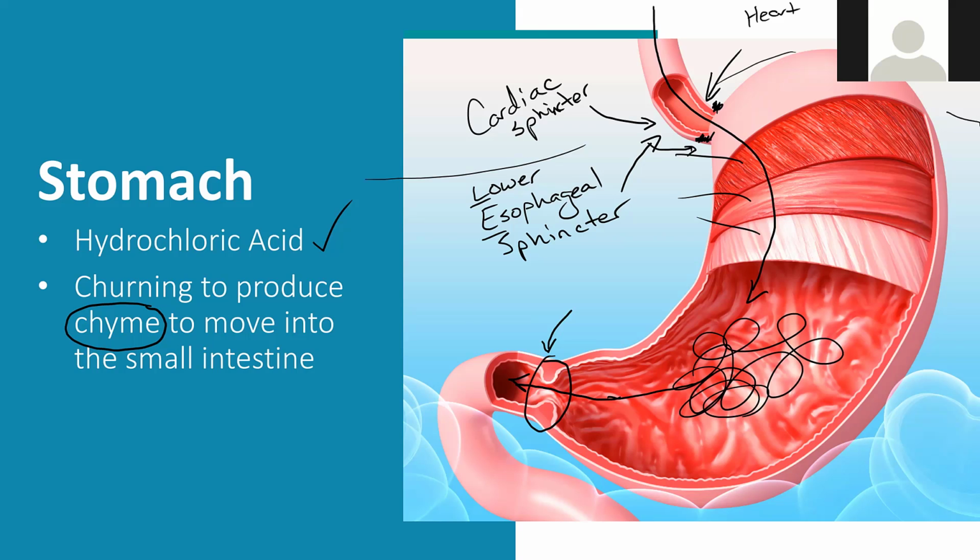And then we have another sphincter at the other end called the pyloric sphincter. Once that food stuff moves from the stomach into the small intestine, that pyloric sphincter closes behind it so that the chyme doesn't move from the small intestine back into the stomach. It's trying to protect it and keep it moving in the forward direction.